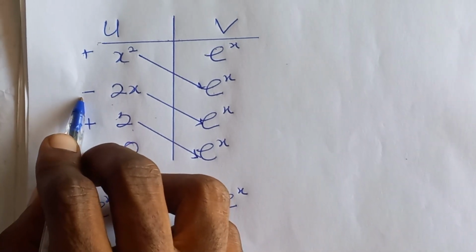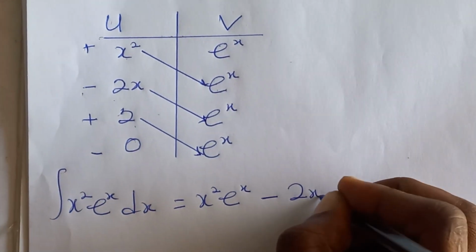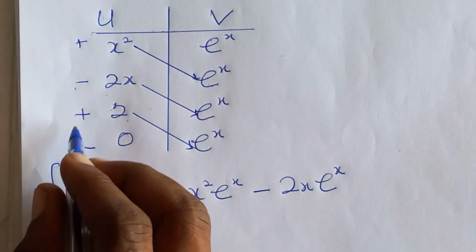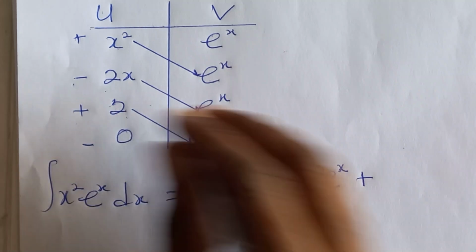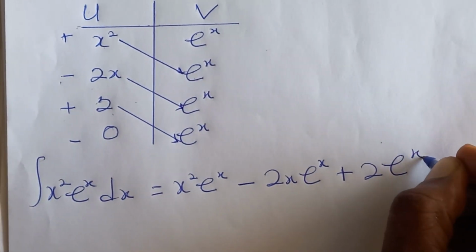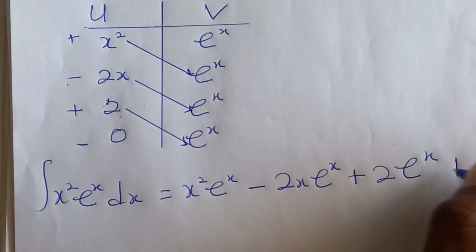The symbol here is minus, so minus 2x e to the power x, then plus, so plus 2 multiplied by e to the power x. Don't forget our arbitrary constant, plus c.